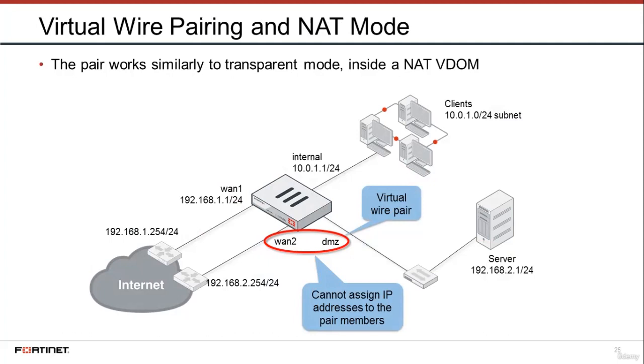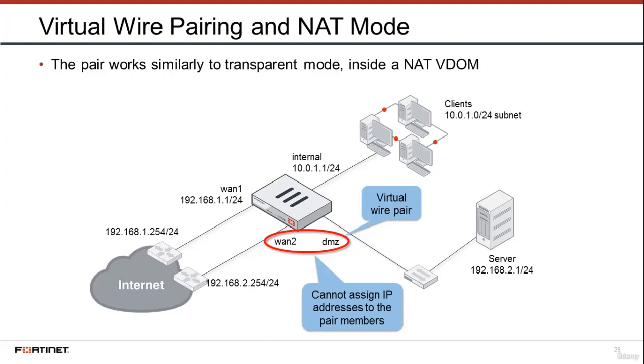The cases of interfaces WAN 2 and DMZ are different. Because these interfaces are configured as a virtual wire pair, they don't have assigned IP addresses. They form one single broadcast domain. Observe the IP addresses for the server and the router connected to WAN 2. They must both belong to the same subnet.